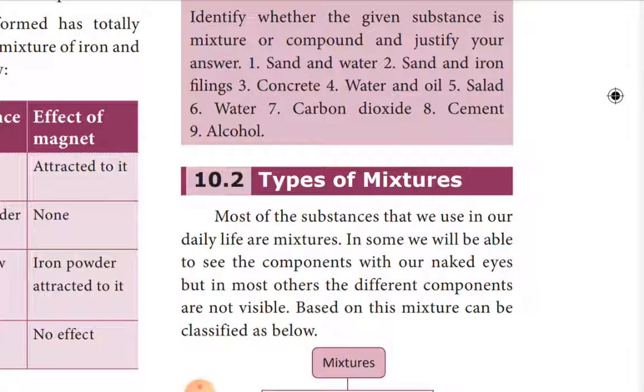Oxygen atomic mass is 16. So the ratio is 2 is to 18. When you simplify 2 is to 18, you get 1 is to 8. So 1 is to 8 is the simple ratio of combination of hydrogen and oxygen in the water molecule.